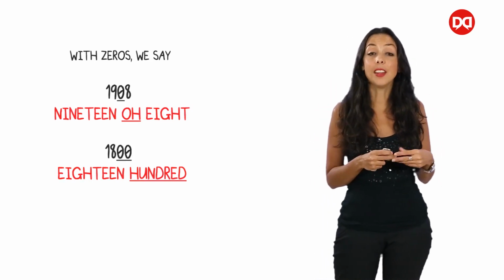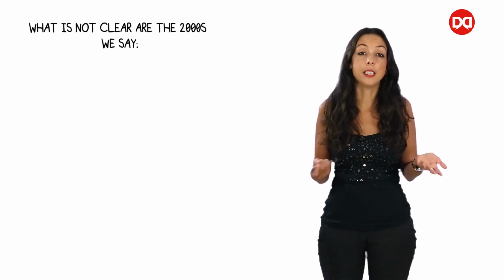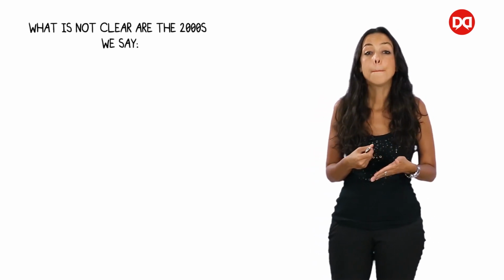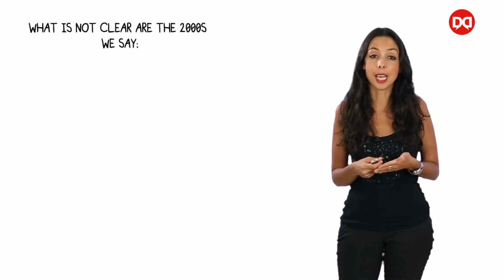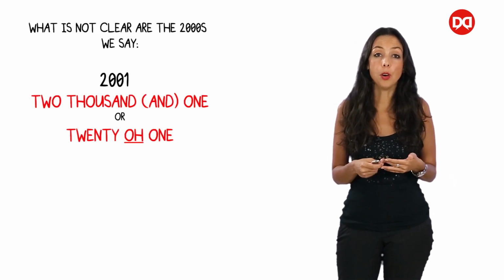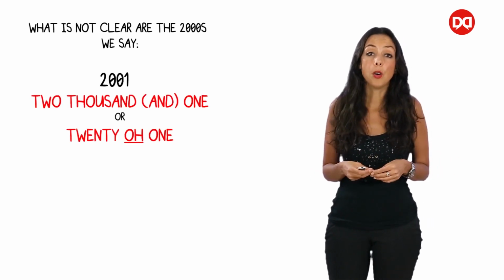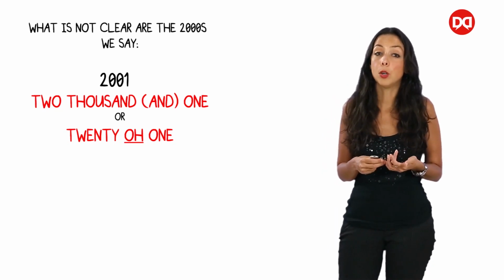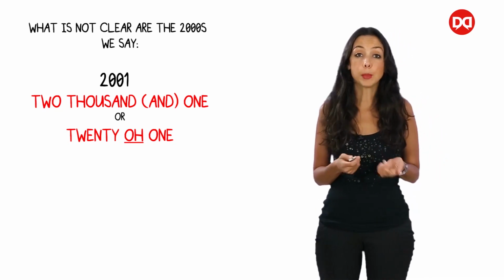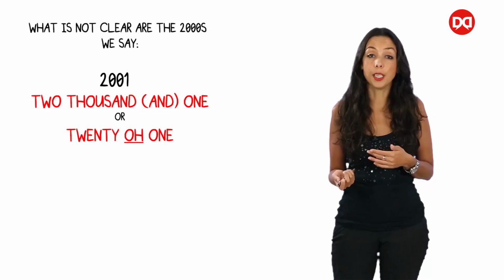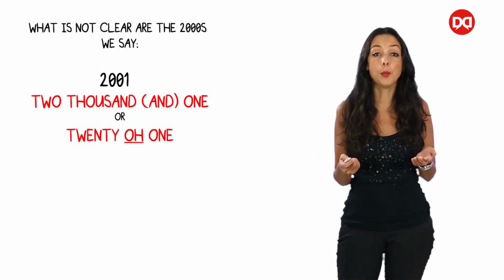What isn't clear at the moment are the current years. We are in the century 2000, but sometimes people say two thousand and one or twenty oh one, or two thousand and fourteen or twenty fourteen. That's up to you. It depends on what you feel most comfortable with, but at the moment you hear both.